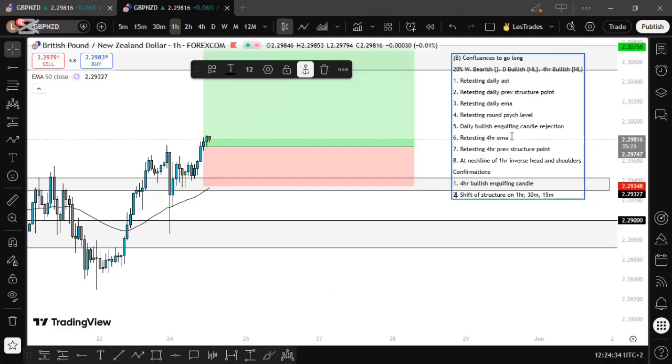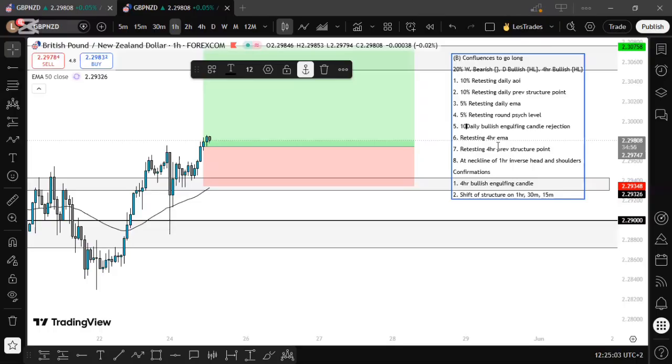So now let's go grade these trades and see what's going on. So now we have a 10% on our daily area of interest. We have a 10% on our previous structure point. We have a 5% on our EMA. This is me just grading the trades, guys. We have a 5% on our round cycle level. We have a 10% on the daily rejection candlestick.